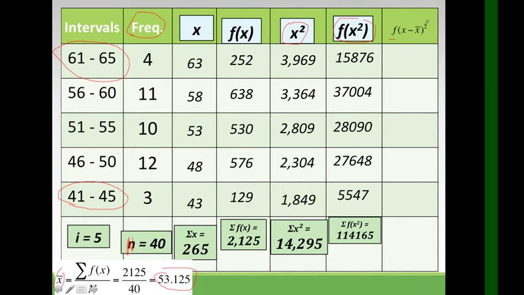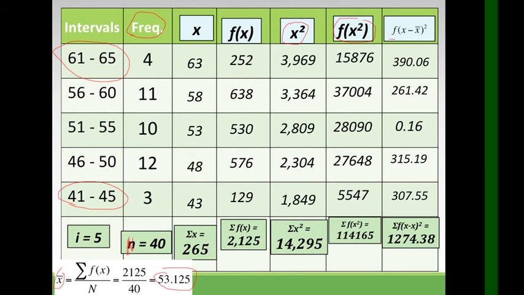Then click equals, then times f, which is 4. Then click equals, and you will get... wait lang ipakita na natin. Ayan. So you will get 390.06. Okay, round off your answer to nearest hundredths.